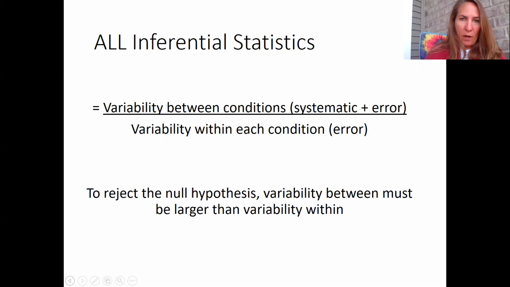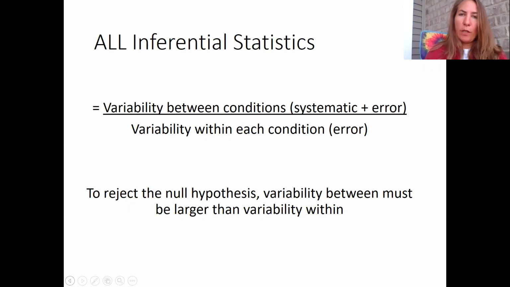Our systematic variability, we've gone over this before, is the variability that happens between our groups because of our manipulation. We are hopeful in this caffeine water example that our caffeine group is going to be faster on the reaction time task because we gave them caffeine. So that's our manipulation that we're giving them. So this is systematic. This is what we're hoping to see. This is what we want to see.